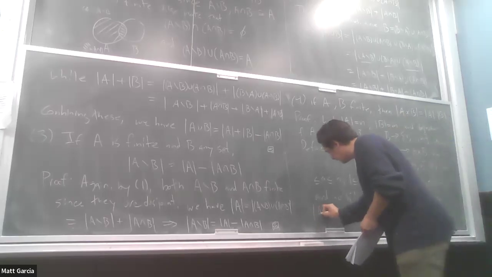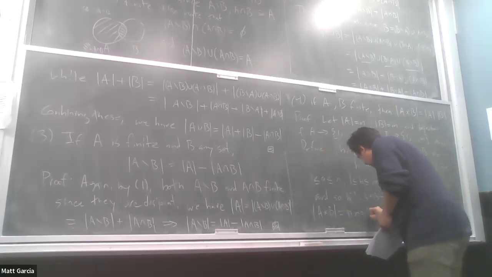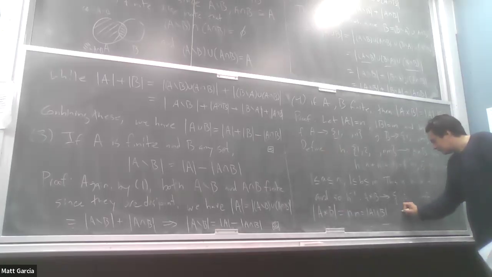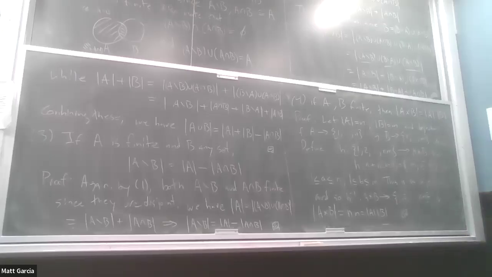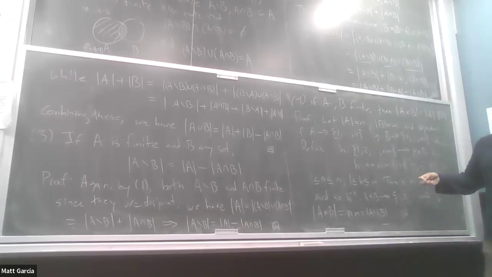So the cardinality of A cross B is n times m, which is the cardinality of A times the cardinality of B. Now, you might be asking yourself, why did I define the bijection going from the set onto this, where I have to do all this inverting?